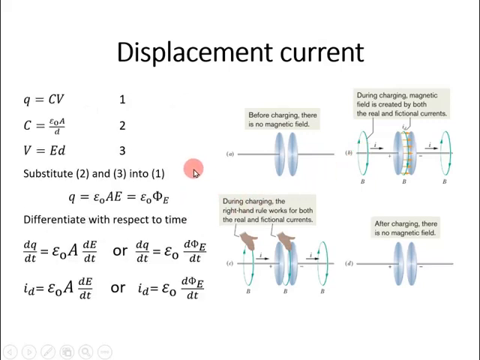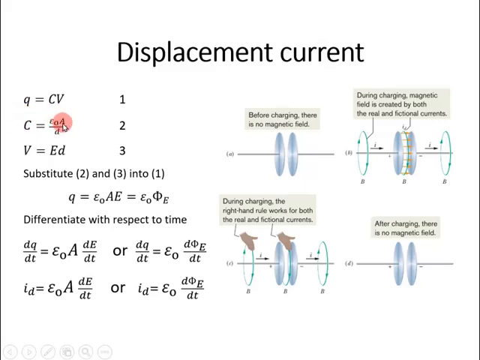Now let's do some mathematics with the displacement current here. From our lesson on capacitors, we realized that the charge on one plate of a capacitor can be evaluated by multiplying the capacitance and the voltage that is establishing that separation of charges. Then we also learned that the capacitance of a capacitor can also be calculated from the design.